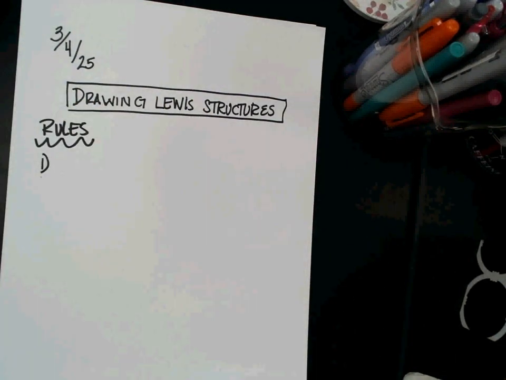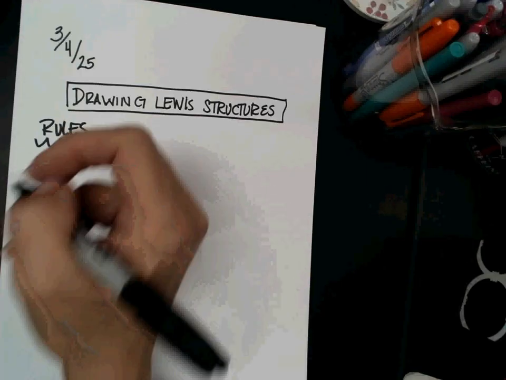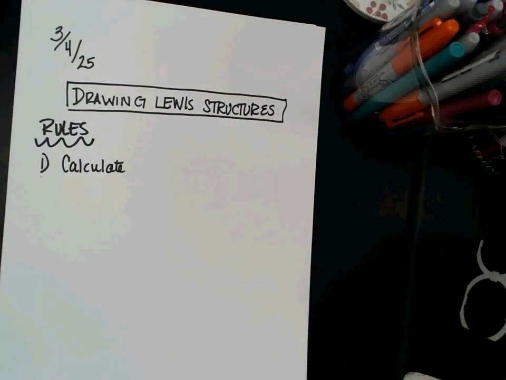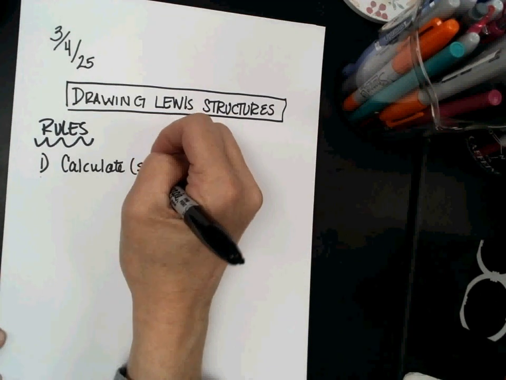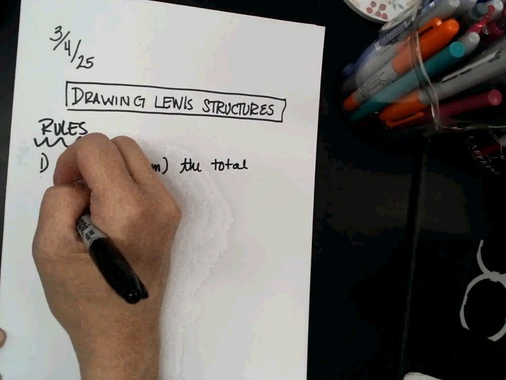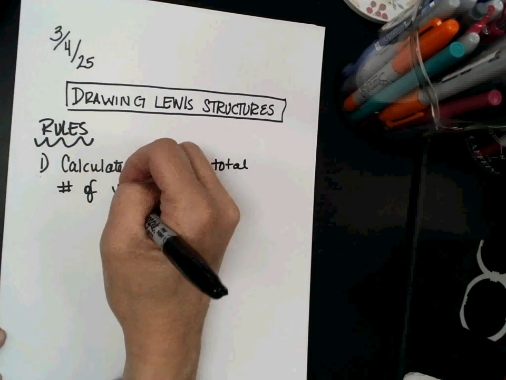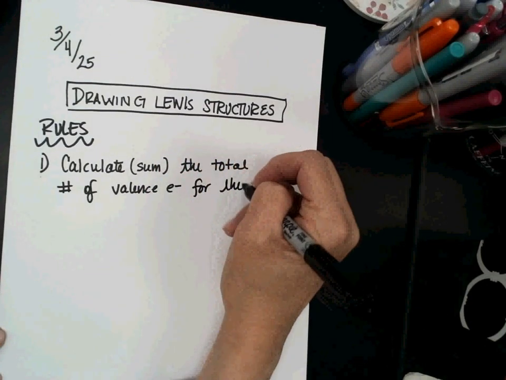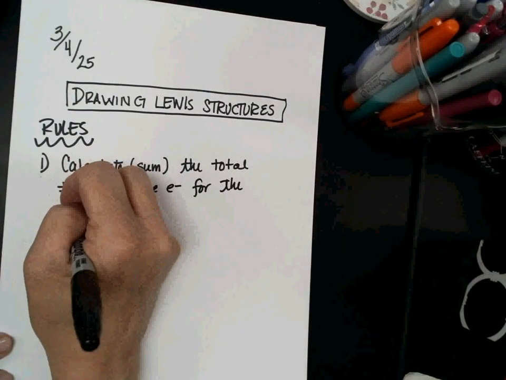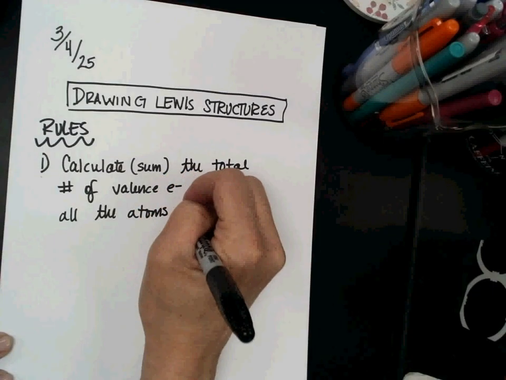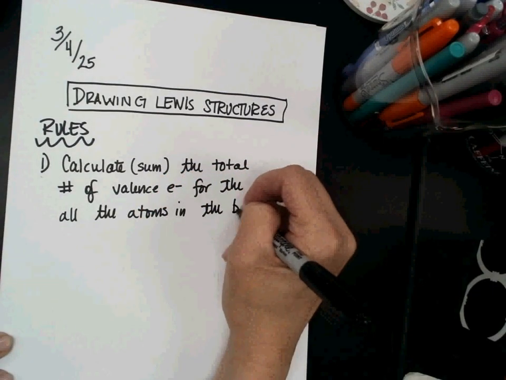The first thing you're going to do, and I've said this, we just haven't written it down, is calculate. And when I say calculate, I mean sum the total number of valence electrons for all the atoms in the bonded compound that you're dealing with.